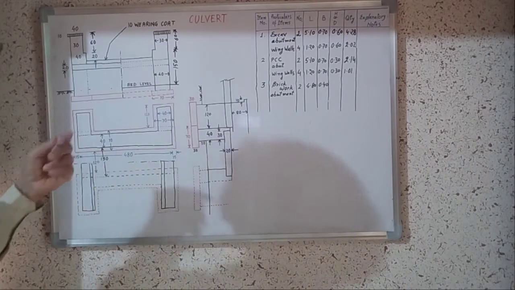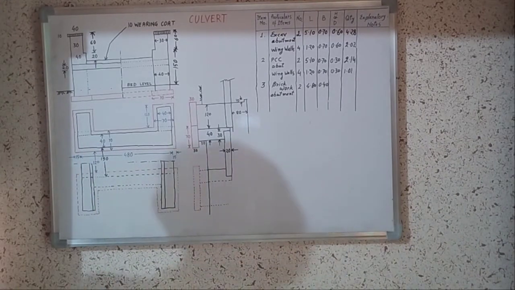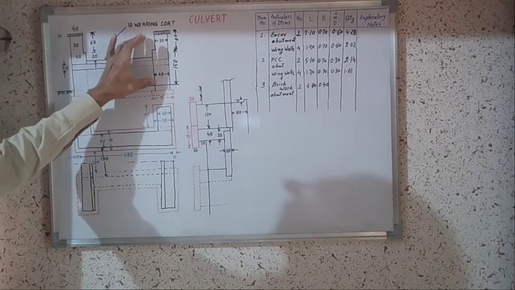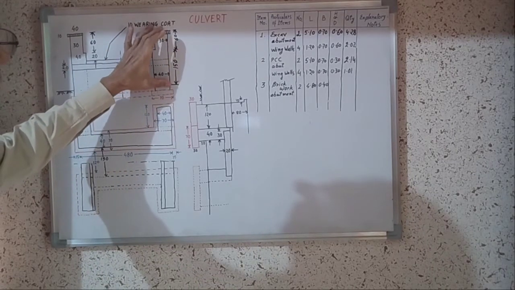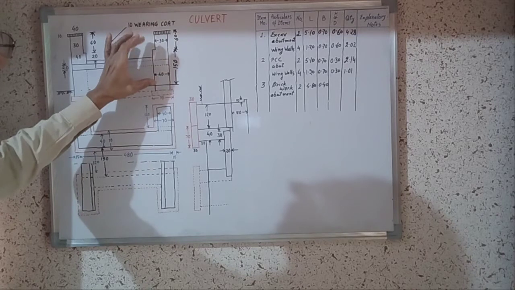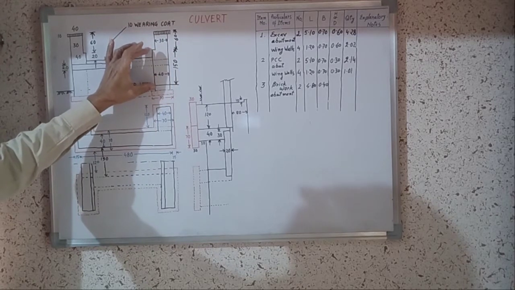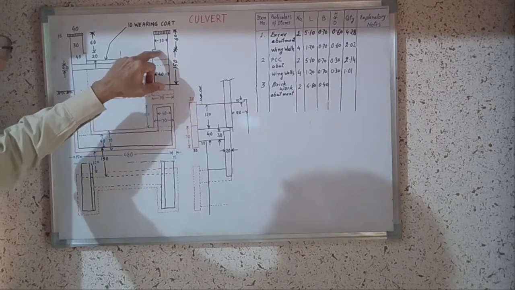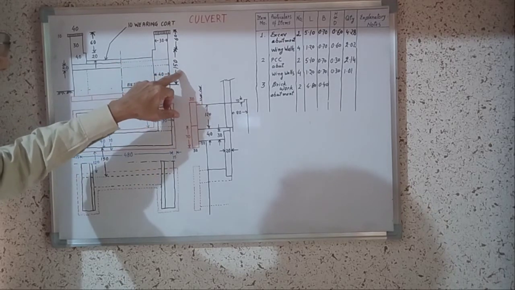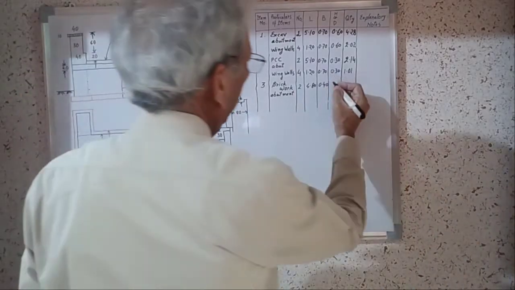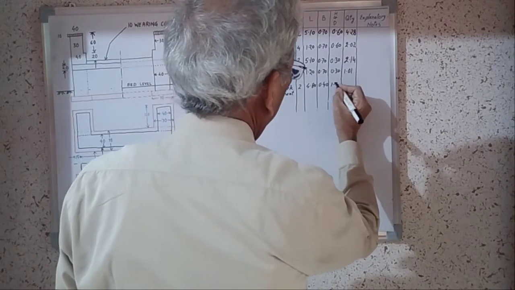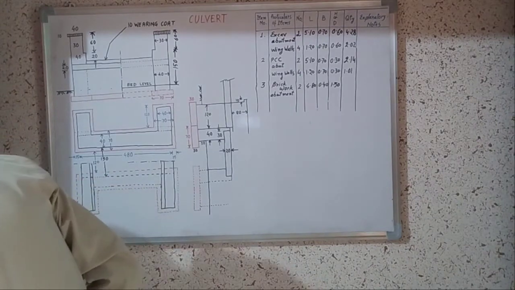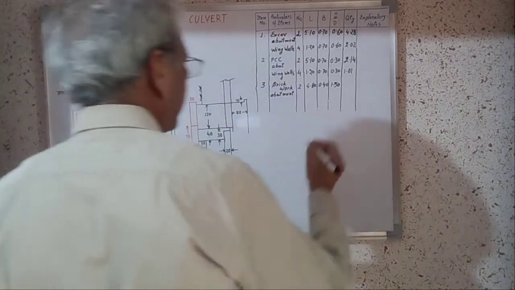And height of this brickwork, otherwise it is 210, but first we will take 150 because 40 centimeter width is up to this level. Therefore 150 we will take depth. Now the quantity will be 5.76.